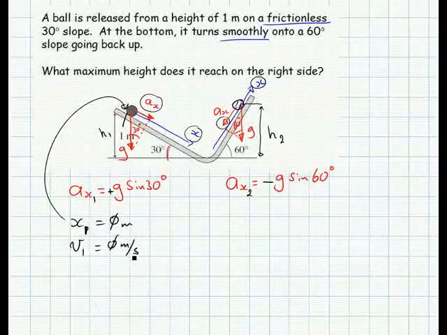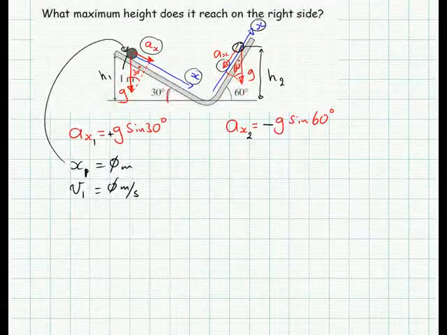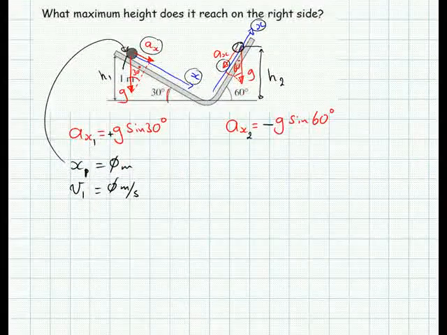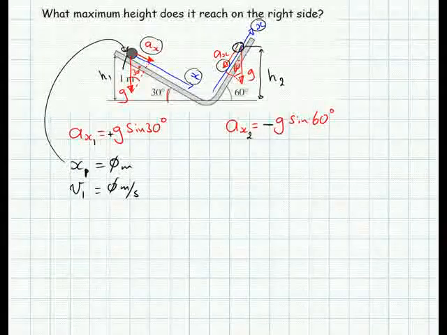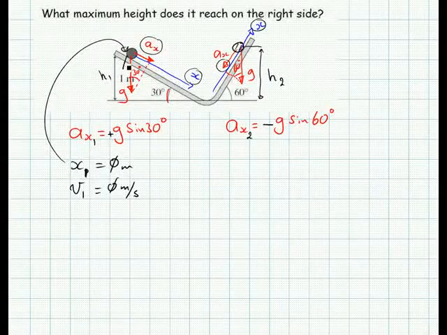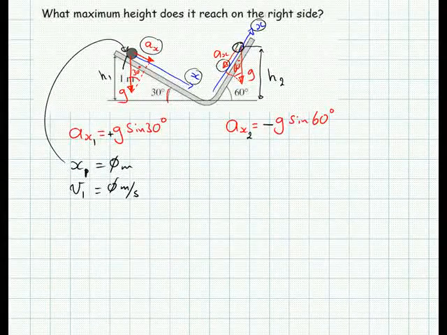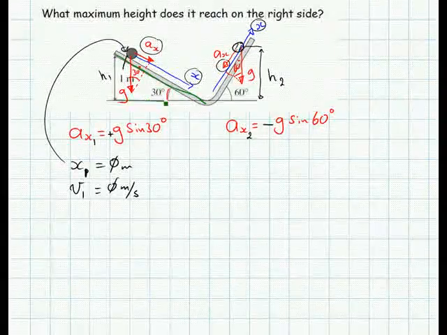Now I can figure out what displacement the object goes through. First of all, the total displacement you can tell by looking at this green triangle.